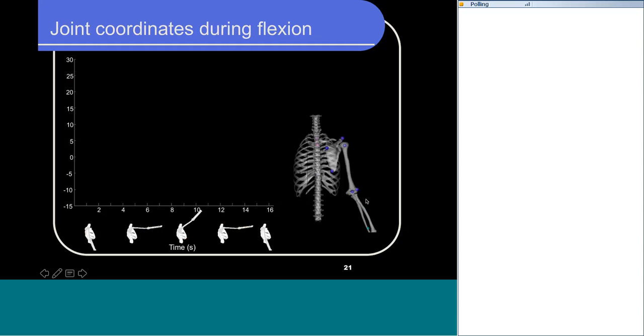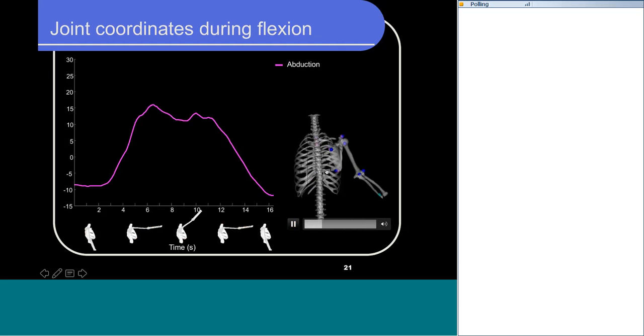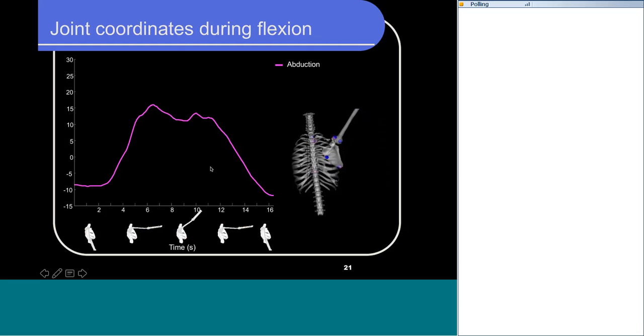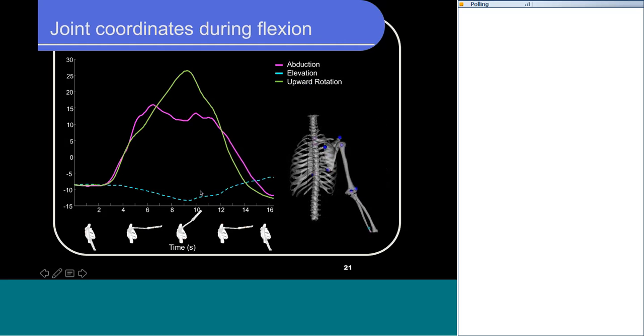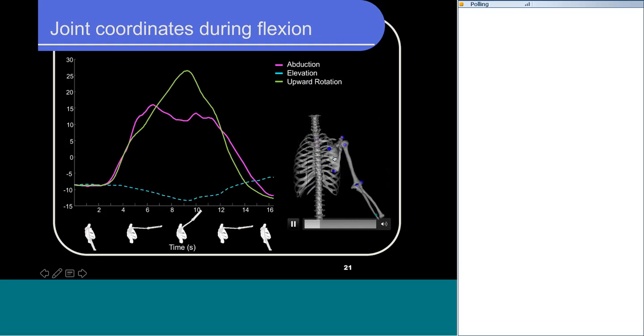So what does the kinematics actually look like? So we would expect from the motion here in the case of the flexion task to see significant abduction, which we do. You know, elevation is harder to detect. It's funny that it actually depresses a little bit. And then, of course, the major mode of motion is the upward rotation of the scapula, which we can clearly see in the figure and in the motion.